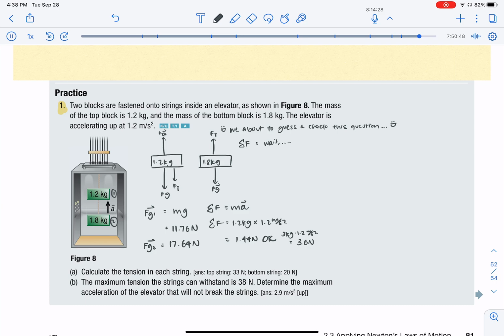And lo and behold, our masses cancel out because each term has a mass in it. So we actually didn't need the mass for this equation, so everything's okay. And we can find our answer here. Right? a is equal to g sine 25, which is 9.8 meters per second squared times sine 25.